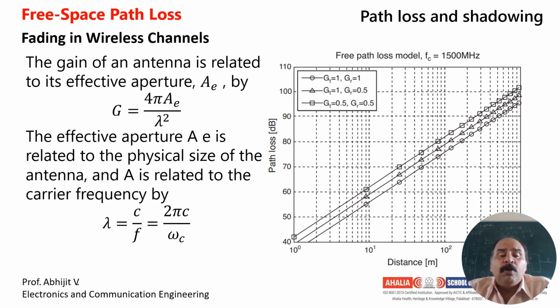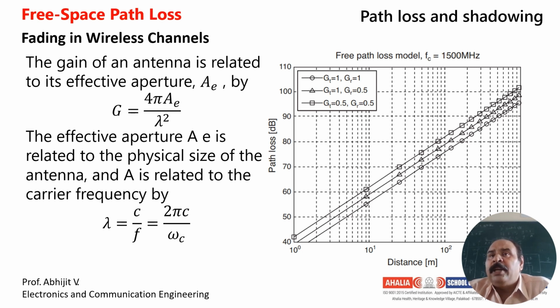Gain is given by 4 pi AE by lambda square. The effective aperture AE is related to the physical size of the antenna, and lambda is related to its carrier frequency; the wavelength is the inverse of frequency. Lambda is equal to C by F, and when we substitute, we get the wavelength dependence.